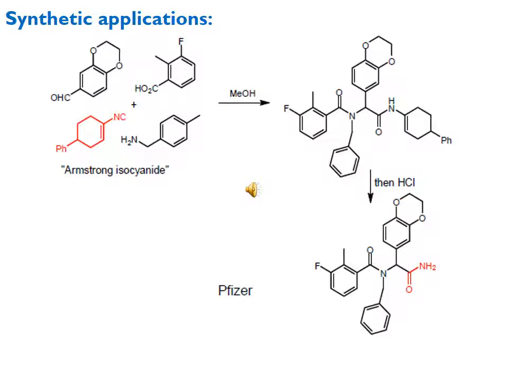Here you can see the drug from Pfizer, which has also been made using this Ugi reaction pathway. Here you can see the 4 reactants.